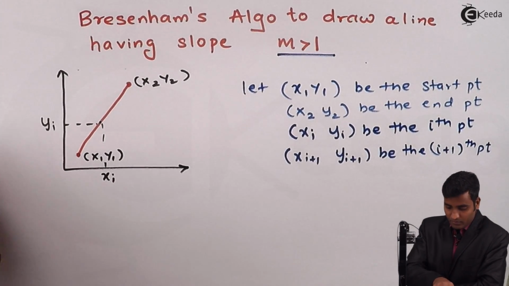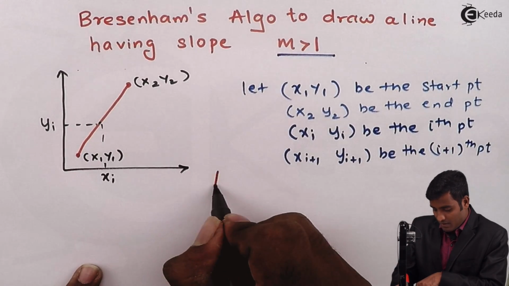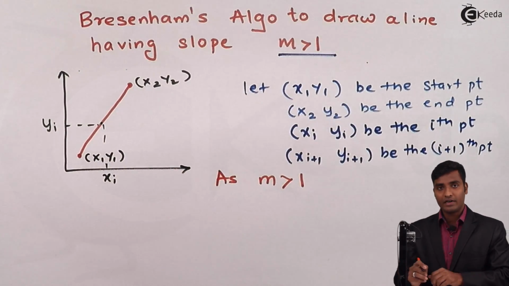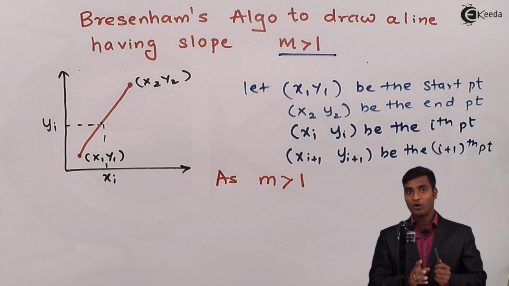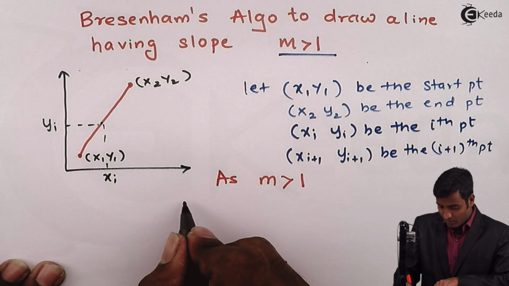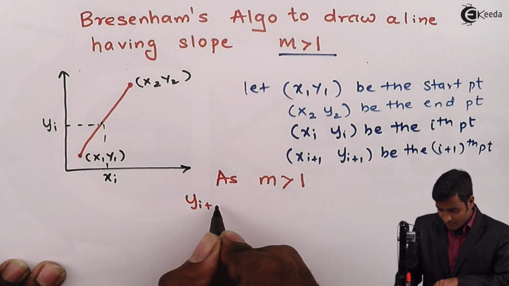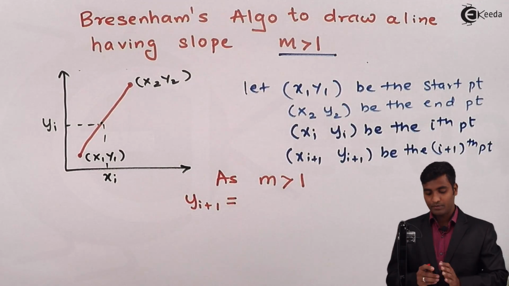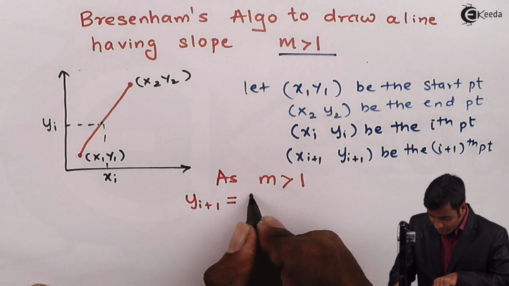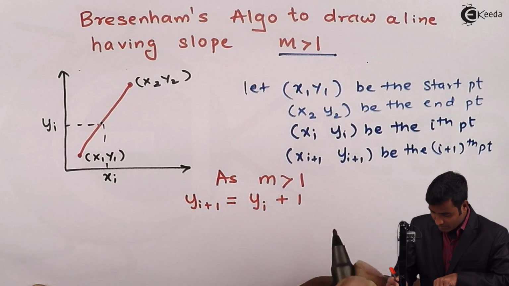Now as m is greater than 1, the y coordinate will remain unchanged. So its coordinate will be yi plus 1.